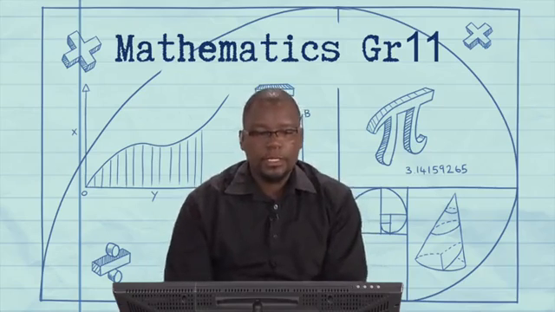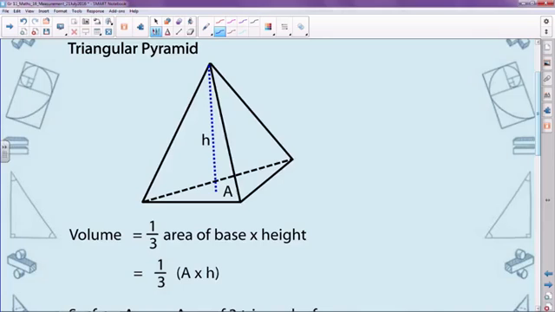So we're looking at the triangular pyramid, and to work out the volume of a triangular pyramid, you have your third of the area of the base, and your base is in the form of a triangle, and then multiply by your height, okay?